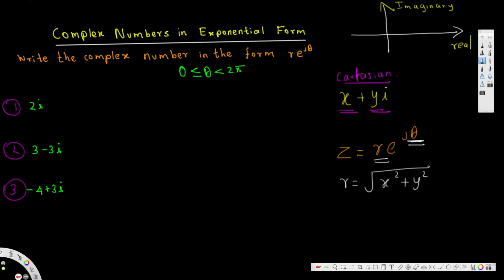Now 2 is imaginary. From here to here, we always start from here to here. The angle is π/2, 90 degrees. Okay, the angle is π/2.